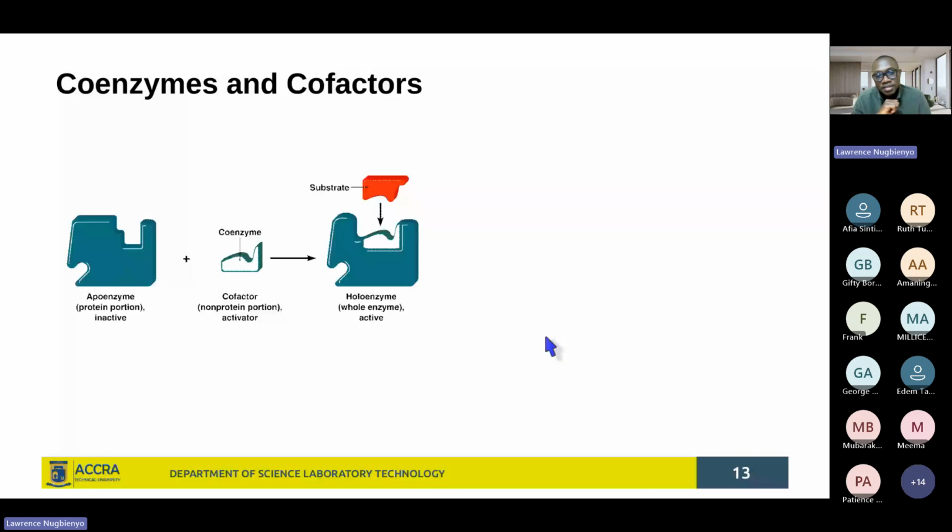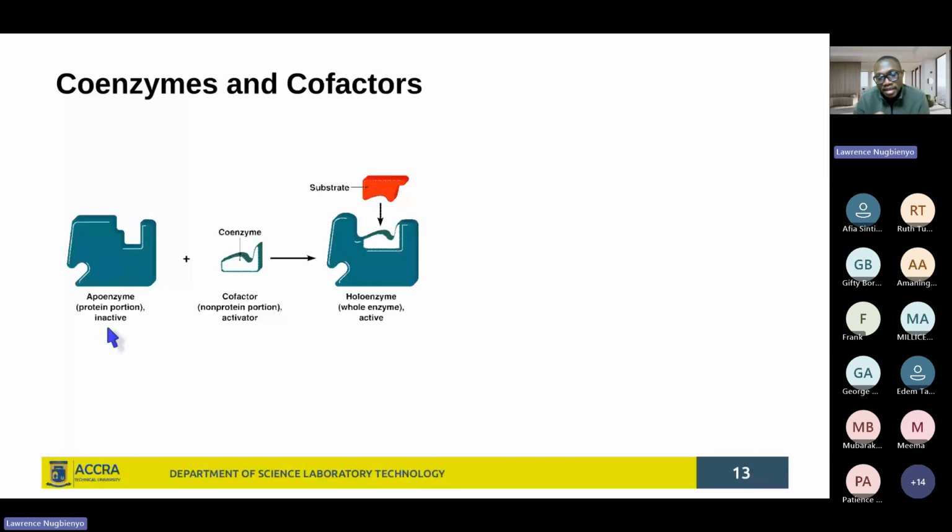Coenzymes and cofactors. We talked a bit about coenzymes and cofactors when we were looking at the terminologies in the first lecture, terminologies that will help you to understand our conversation in enzymology. Now we see here an apoenzyme, which is the protein part.